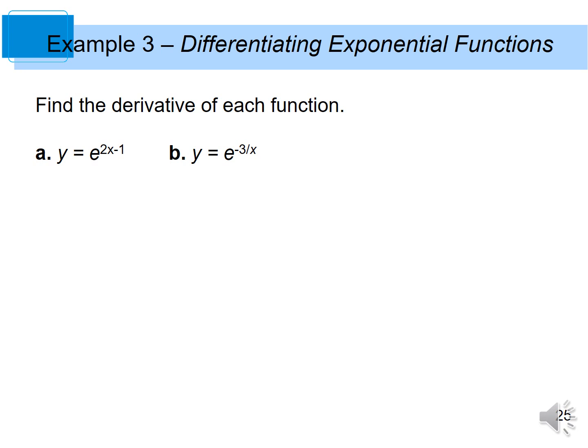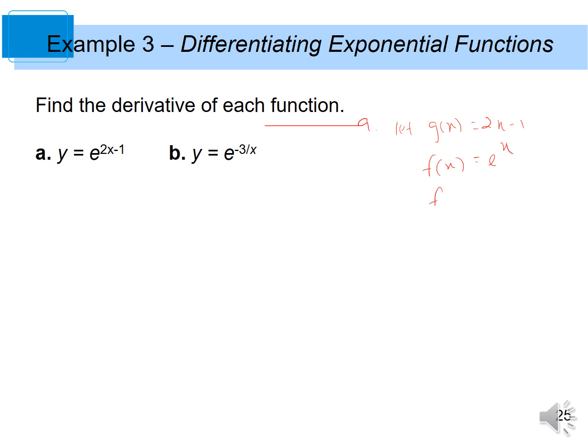Look at this example. Find the derivative of each function. A, y equal to e to the 2x minus 1. So this is a composite function. Look at the A. I can let the inner function g of x be 2x minus 1, and the outer function f of x equal to e to the x.